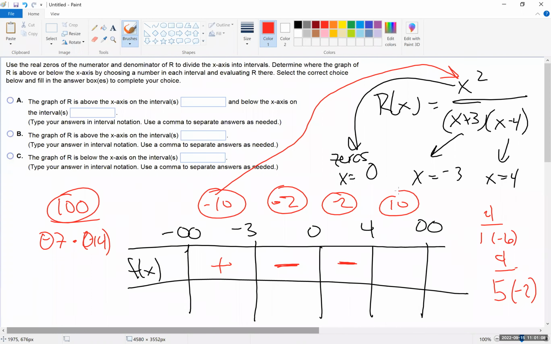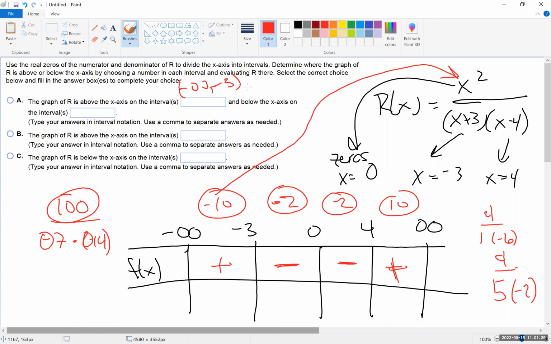If you plug in 10, all of them are positive, right? 10 squared is 100. 10 plus 3 is 13. And then 10 minus 4 is 6. They're all positive, so it's positive. So the graph of R is above the x-axis at negative infinity to negative 3.